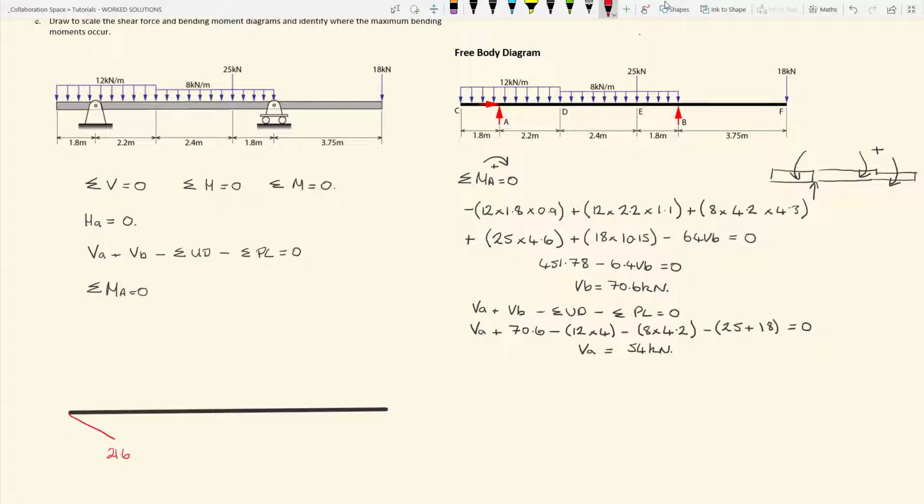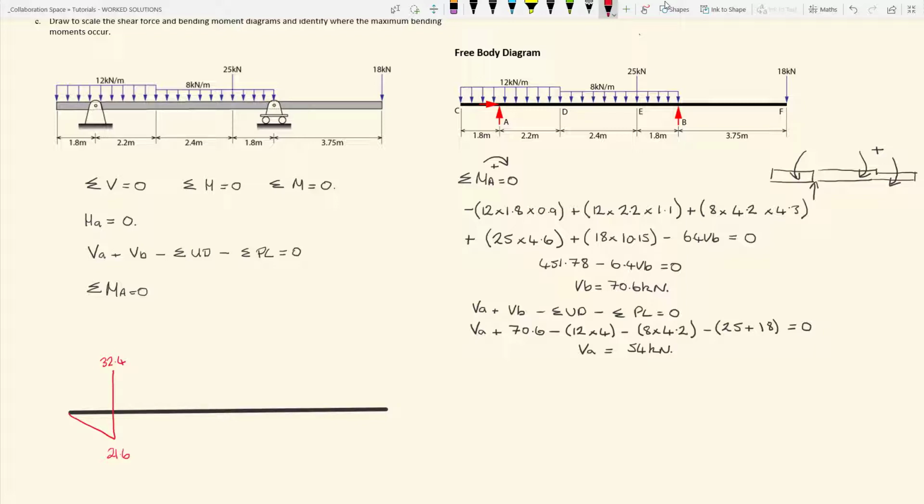From there, we now consider the vertical reaction at A, and that acts straight up and has a magnitude of 54 kilonewtons. So we draw straight up and go up 54 kilonewtons. That gives us a value at that point of 32.4 kilonewtons.